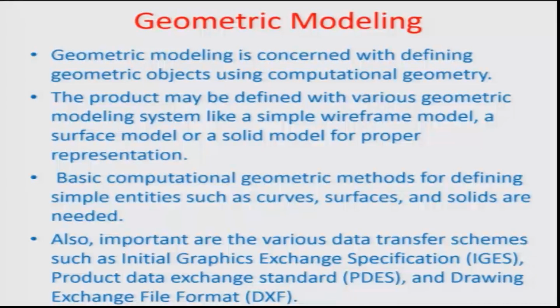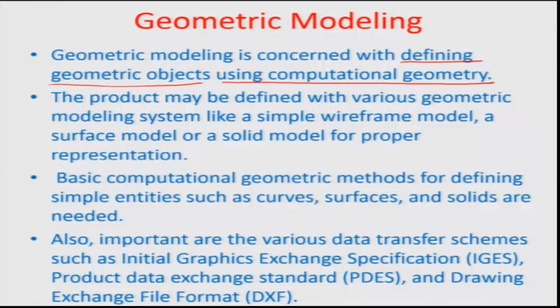As far as geometric modeling is concerned, it is really about how you define geometric objects, and this you do using computational geometry. One aspect is how you represent the object; another is how you actually do, in a predictive or computational mode, the coordinate mapping of any particular geometry.